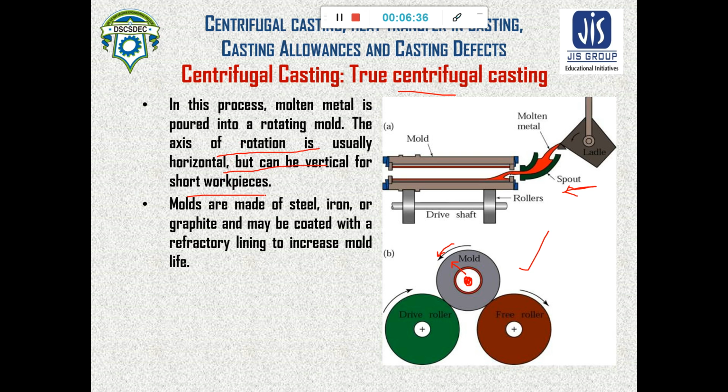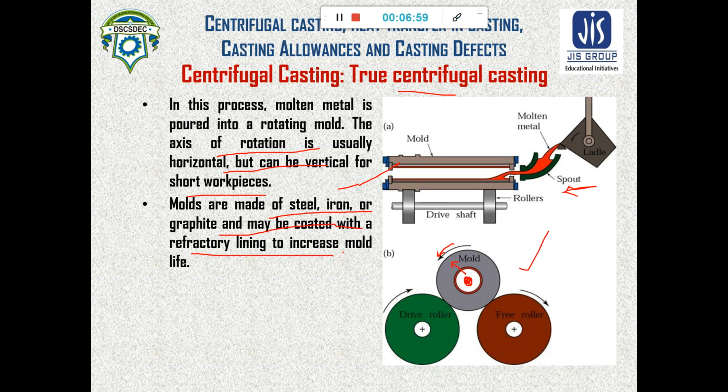Those molds are permanent molds. These are made of steel, iron or graphite, and may be coated with refractory lining to increase mold life.